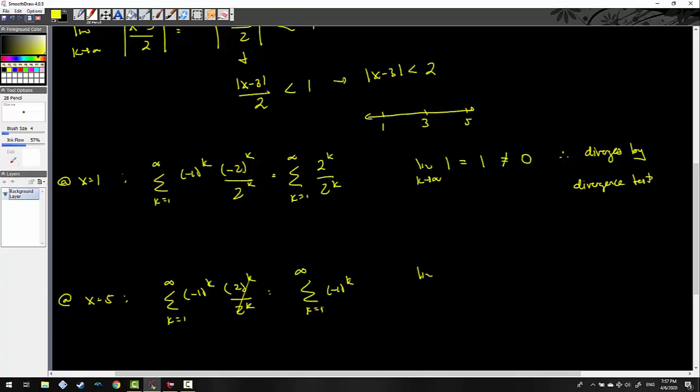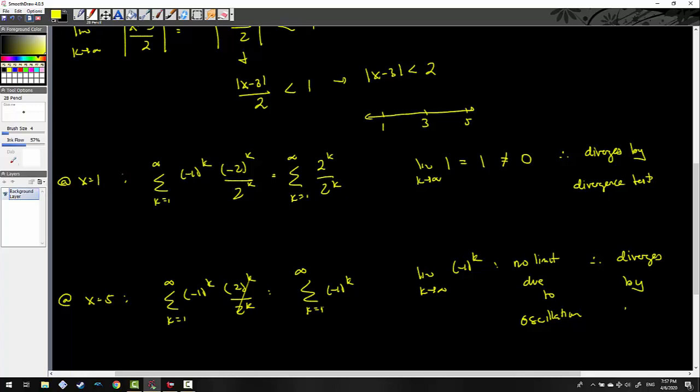I can then say that the limit as k goes to infinity of (-1)^k, there is no limit due to oscillation. So therefore it diverges, again, by the divergence test.